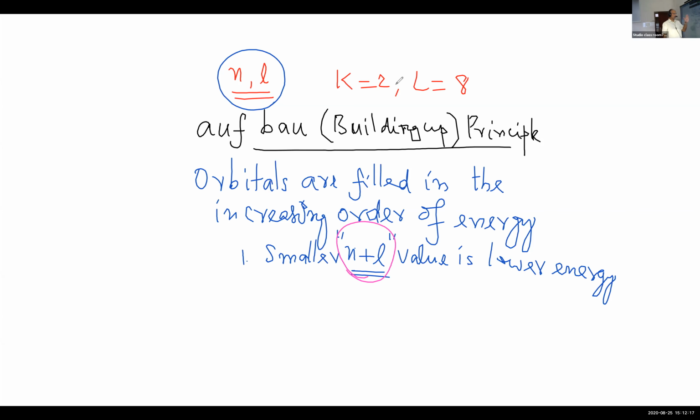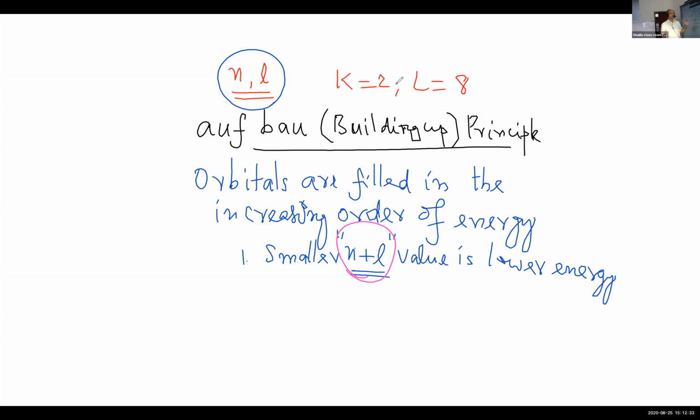Remember, according to the Aufbau principle, in atoms electrons are arranged in the increasing order of the energies of the orbitals.